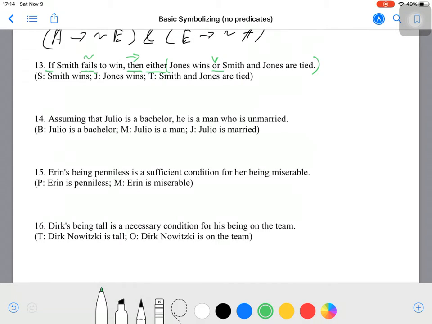Then we don't see any other negations. So Smith wins would be an S. Then Jones wins is a J. And then Smith or Jones are tied is a T. So if it's not the case that Smith wins, then either Jones won or they tied.